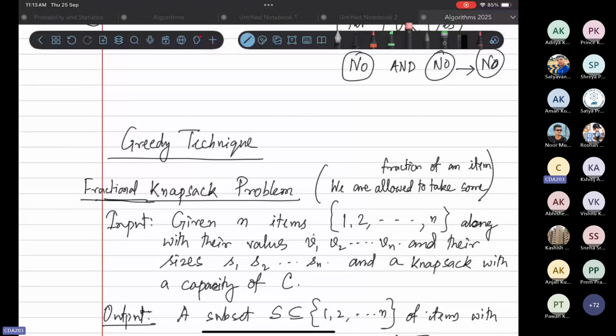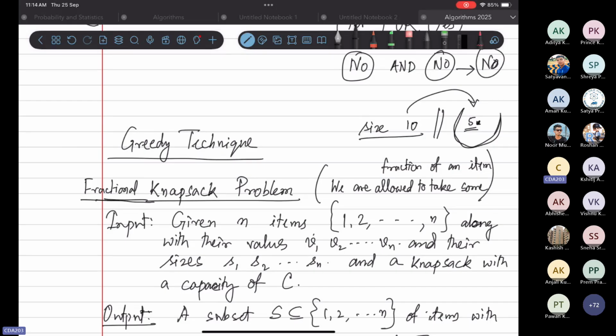So suppose an item has size, let's say, 10. In my knapsack, I'm allowed to take 5 units of that item.